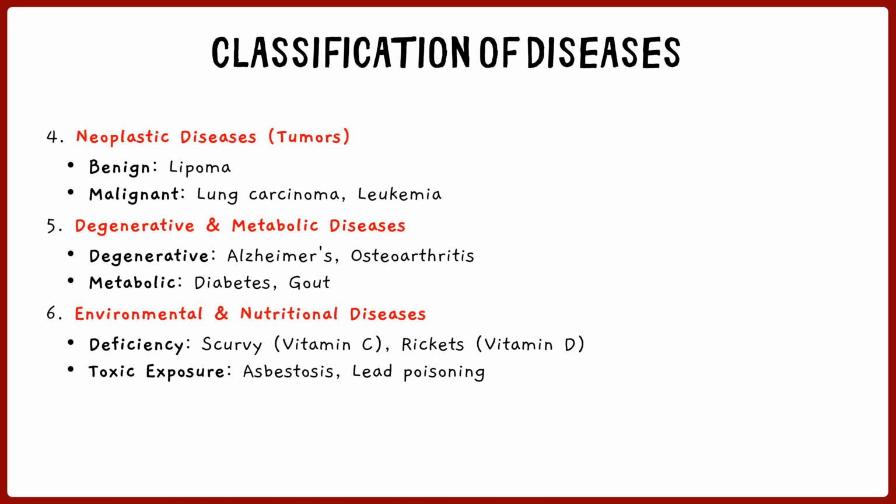For example, it could be a septic arthritis, it could be a viral arthritis, it could be Lyme disease. You can go through, these are the infectious pathologies. Then next, it can also be an inflammatory pathology, like we said here, rheumatoid arthritis, which is a chronic inflammation. It could be a gout, like we said, metabolic disorder.